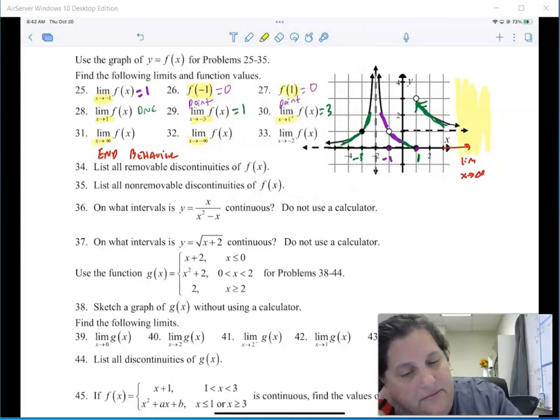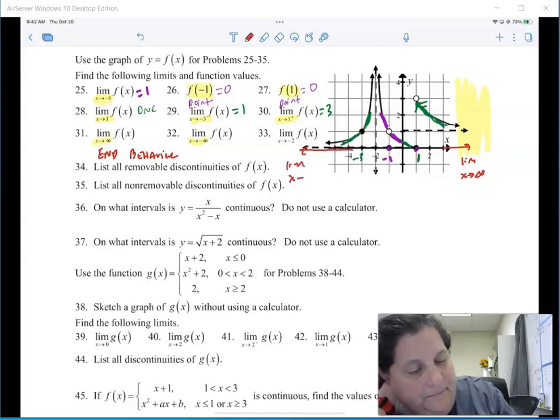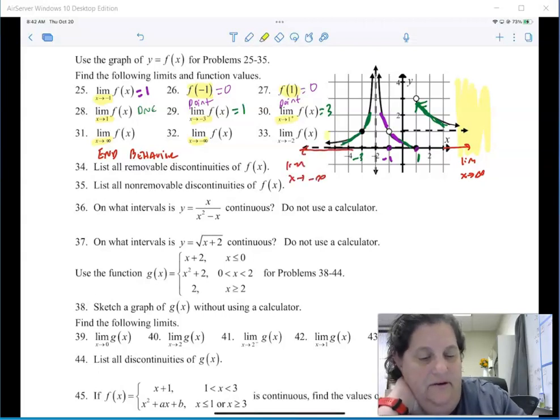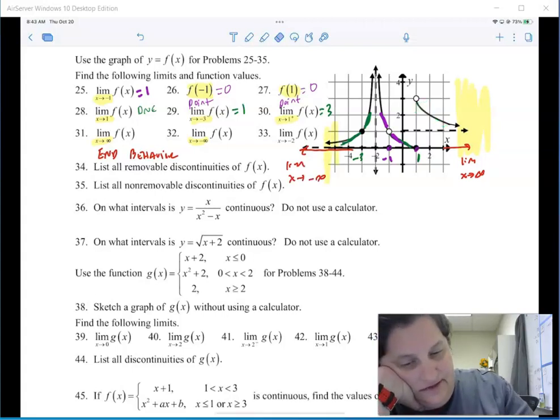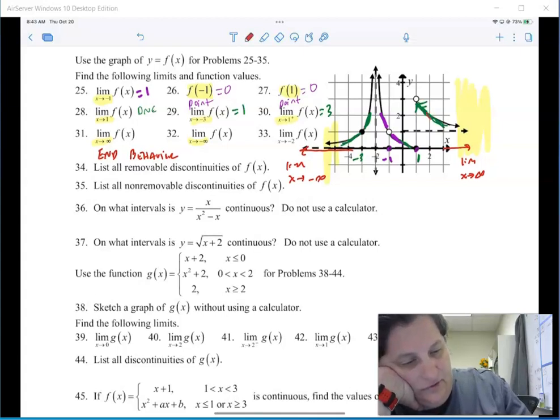Okay? The limit as x approaches negative infinity is what's happening on the very left-hand side of the graph. Okay? So if we look at this, this is going down to approach this line right here, which is at 1. Okay, this is going down to approach this line right here, which is at 0.